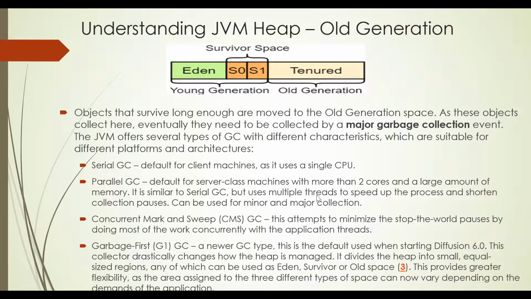This memory area will get filled with objects which are still referenced by your program running on the JVM. Whenever a major garbage collection event happens, a full GC, the objects which are still in use are marked, and the objects which are not in use will be wiped out.